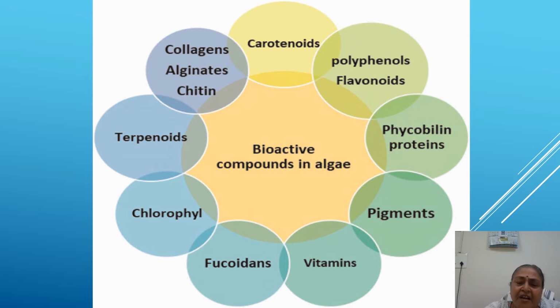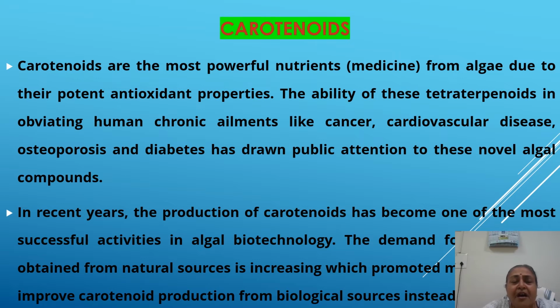These are the valuable phytochemicals which have been reported in various categories of marine algae. I will not talk about all these categories, but a few important categories which have a market value, which have industrial applications, and are nowadays very useful to human beings also. So I will talk about only some bioactives.